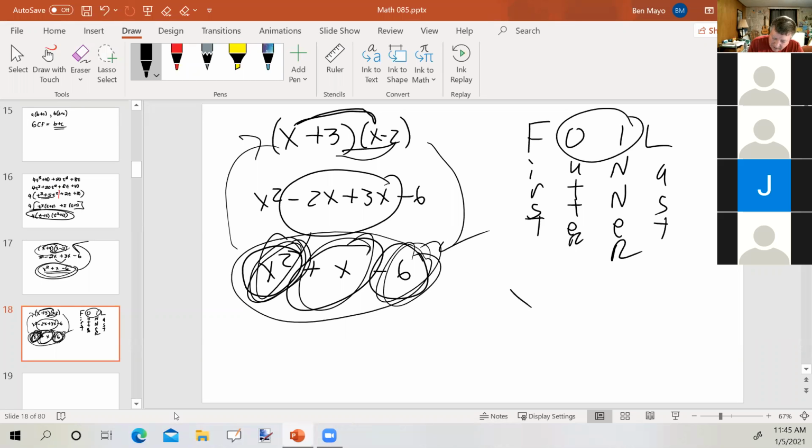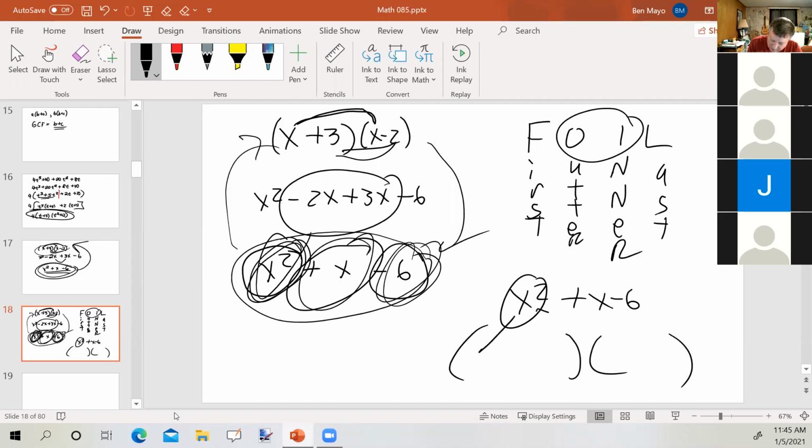But my point is this. If I'm going to take x squared plus x minus 6, and I'm going to break it apart into factors, this goes into the first part of each binomial. So that's going to get split up that way. The minus 6 goes there and there. But now I've got a problem because, well, let's see. 3 times negative 2 is negative 6.